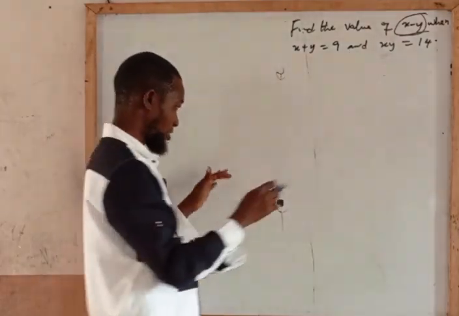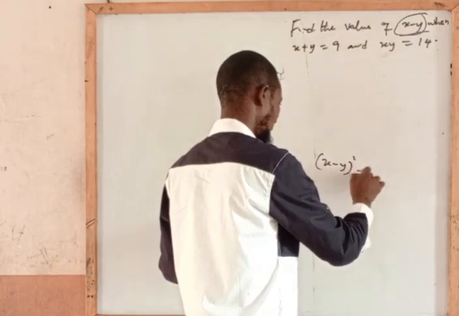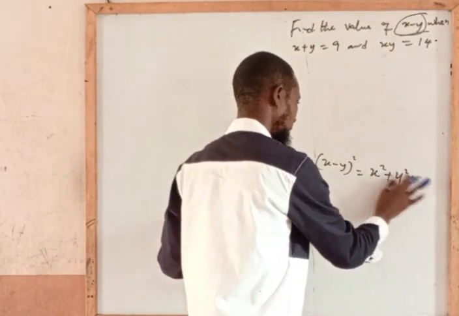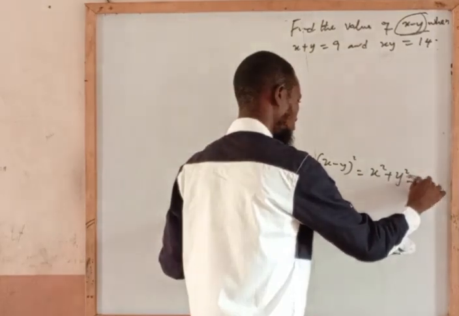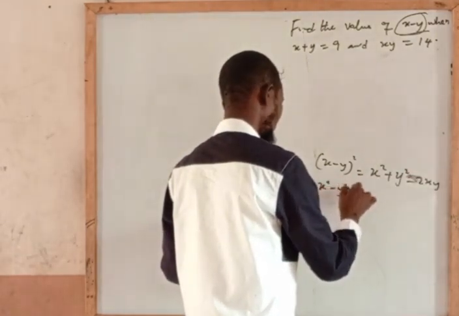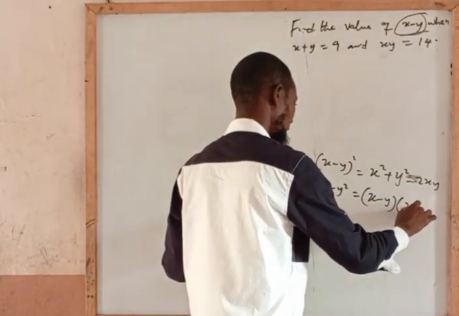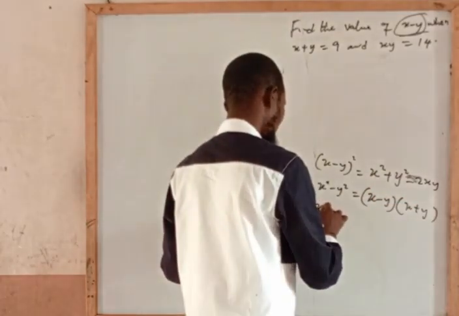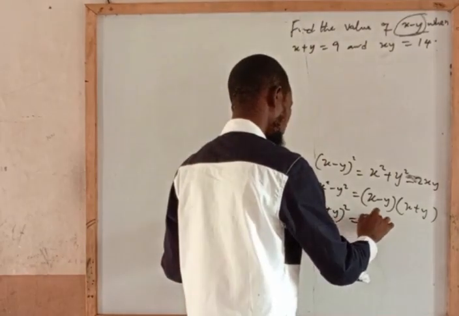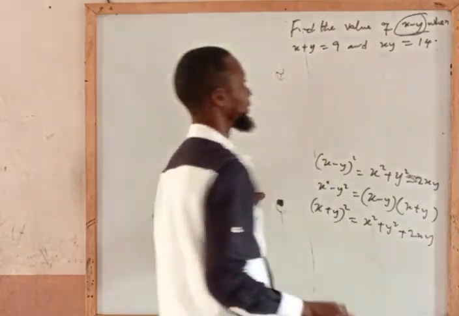Let me quickly do a short recap of these identities. One states that x minus y all squared is x squared plus y squared minus 2xy. Another one states that x squared minus y squared is x minus y, then x plus y. Another one states that x plus y all squared is x squared plus y squared plus 2xy.